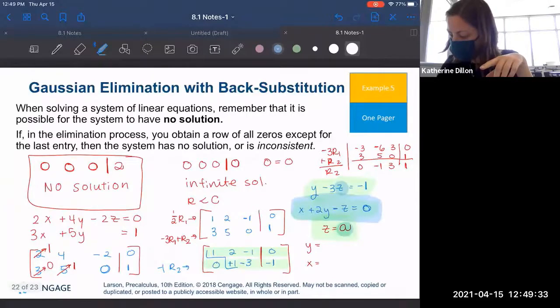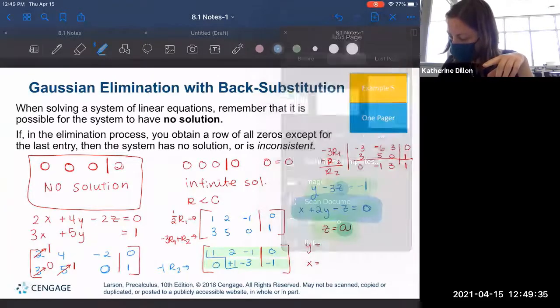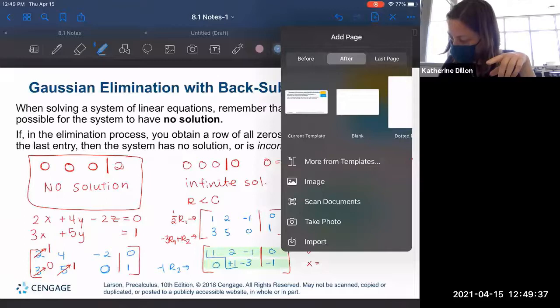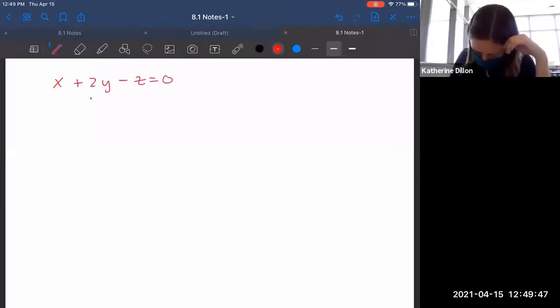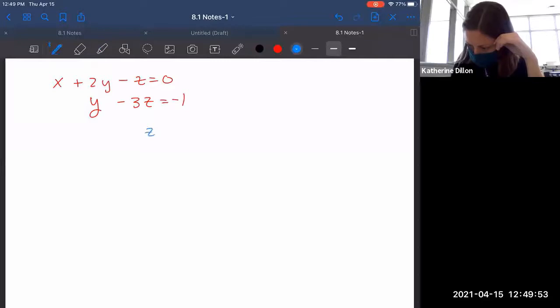I'm going to do this on a blank sheet of paper. What did we have? Our equations were x plus 2y minus z equals 0 and y minus 3z equals negative 1. And we said, okay, z equals a.